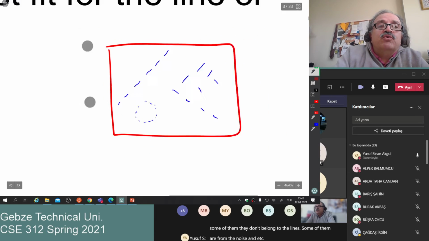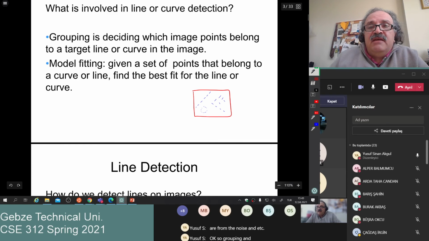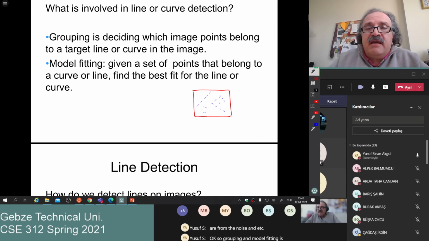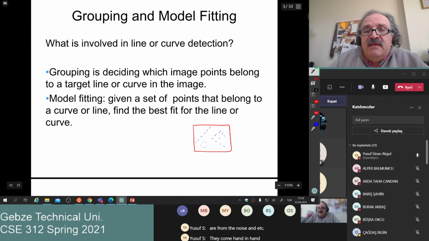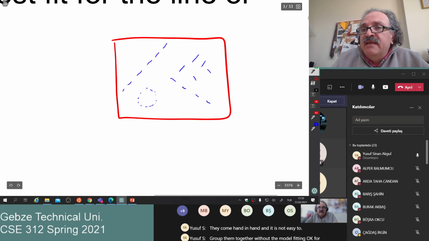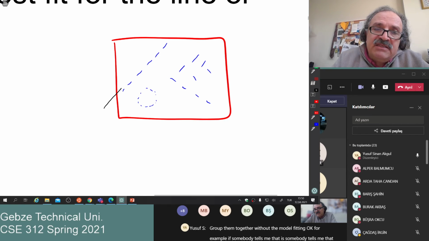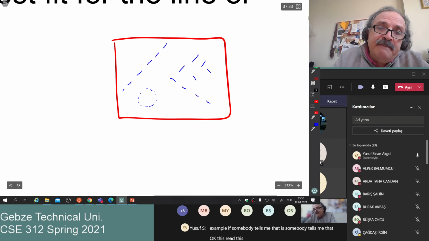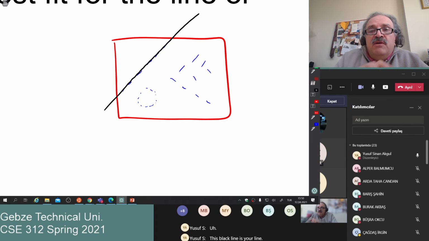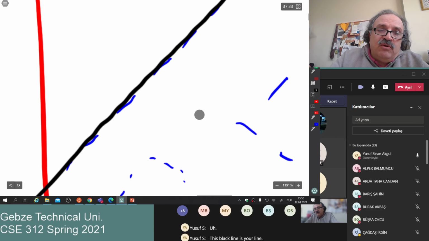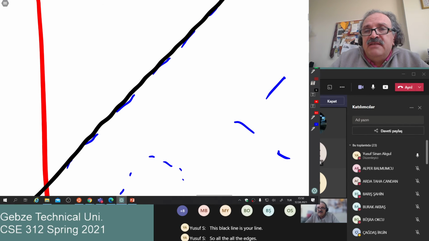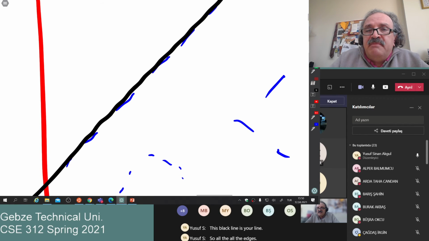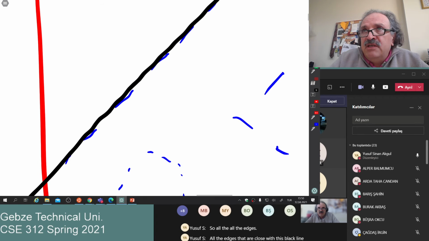Okay, so grouping and model fitting, they come hand in hand, and it is not easy to group them together without the model fitting. Okay, for example, if somebody tells me that okay, this black line is your line, so all the edges that are close to this black line with the correct orientation are your edges.